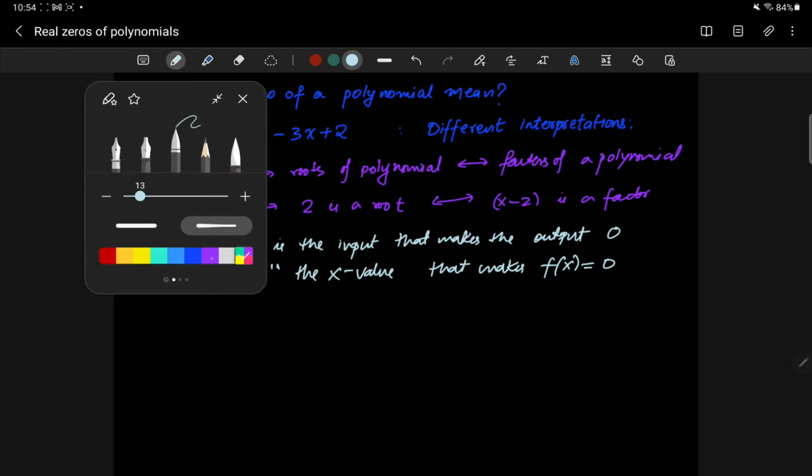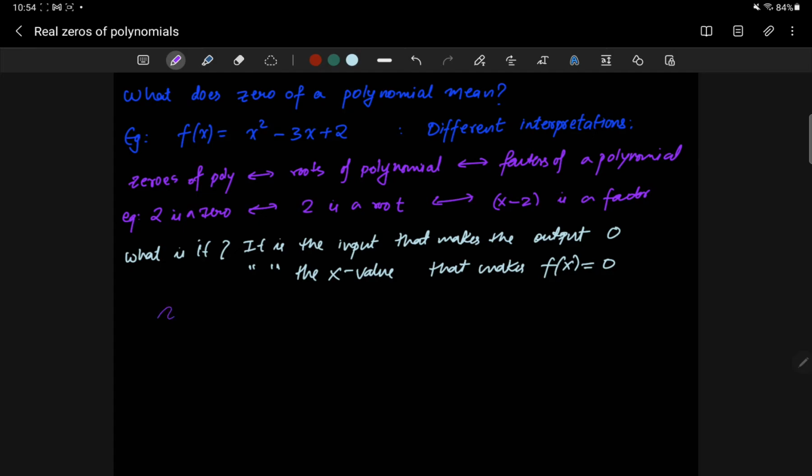So let's look at this example here, which we can factor by splitting the middle term. I want to find x so that f of x is 0, so I set this equal to 0 and factor it.